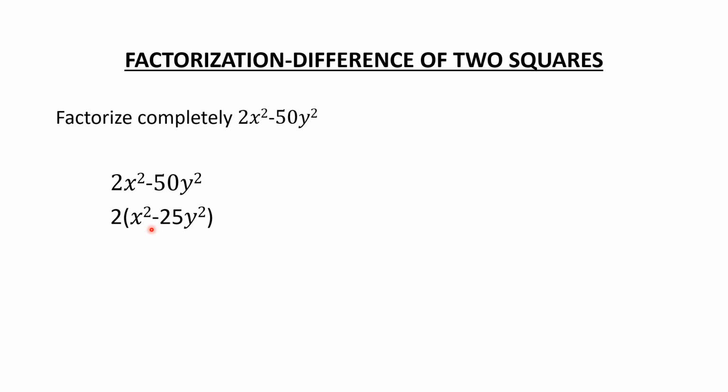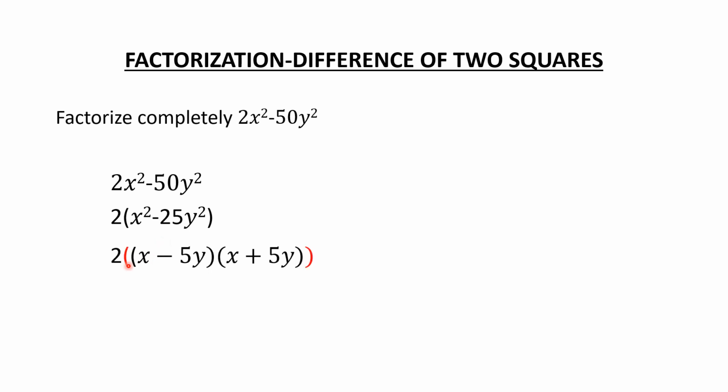So now you can factorize this as difference of two squares, where x is the square root of x squared and 5y is the square root of 25y squared. So it's going to be x minus 5y in brackets, x plus 5y in brackets.